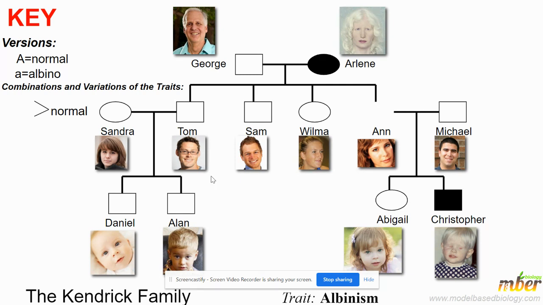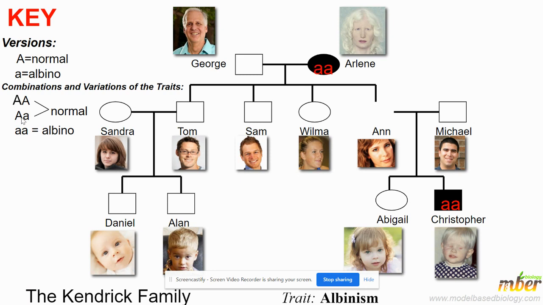So based on that, we can tell the combination of these traits. If there is a big A, that person is going to have normal pigmentation because they have 2 of the dominant characteristics. A big A and little a, while they do have that little a, they're just going to be a carrier because they have that big A as well. So they are going to appear with normal pigmentation, while little a little a is going to equal albino.